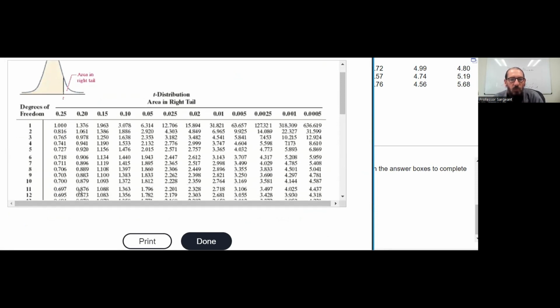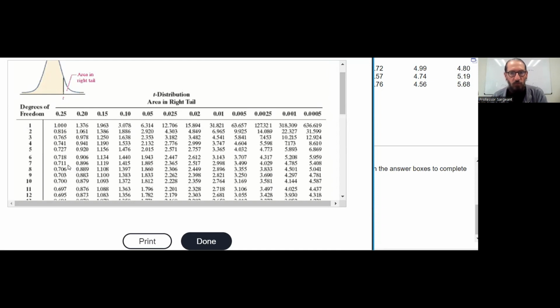Look at what happens along this row or any row as you move further to the right. An increasing confidence level is going to leave less area outside, less area in the right-hand tail specifically. And so the t-score that cuts that off is going to be higher if you want a higher confidence level.